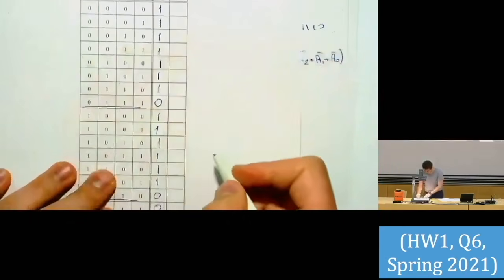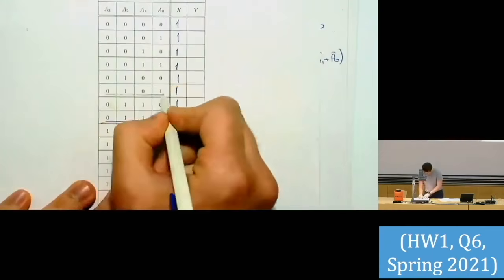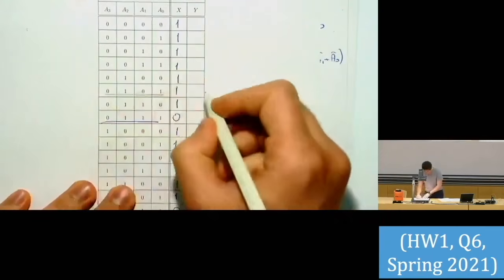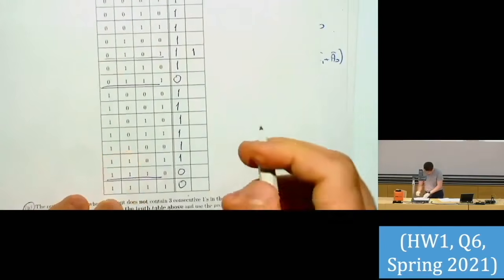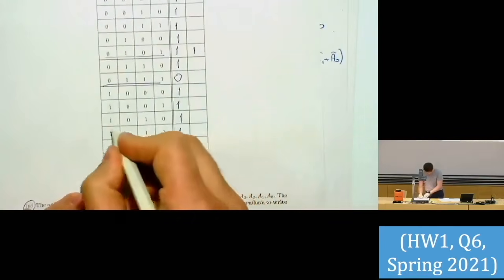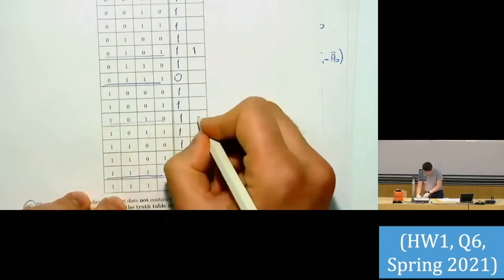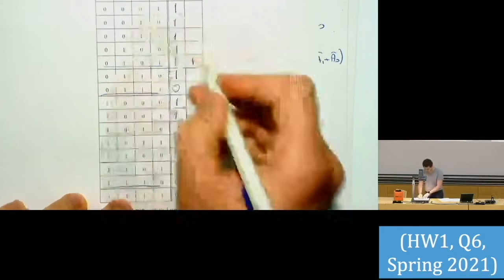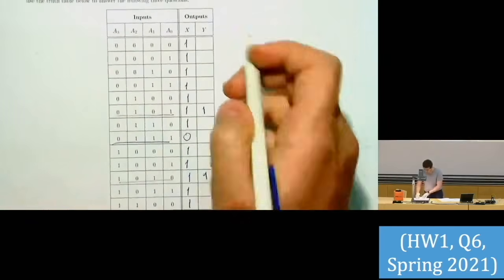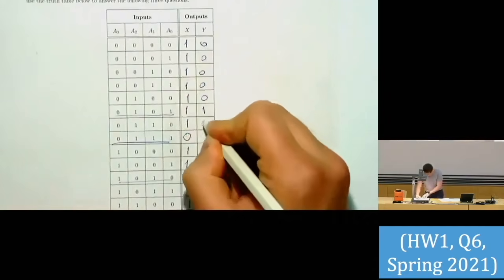So here, I don't have any adjacent inputs equal to each other, so this should be 1. And here, I also don't have any adjacent inputs equal to each other, so this should be 1. The rest should be 0, because for the rest of the cases I will have at least two adjacent inputs equal to each other.